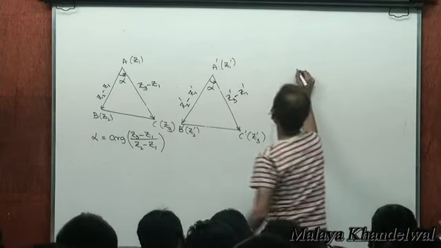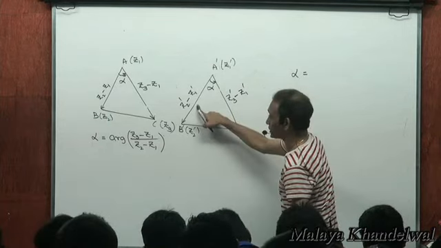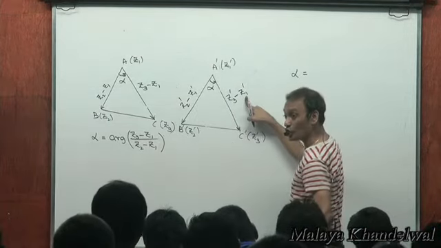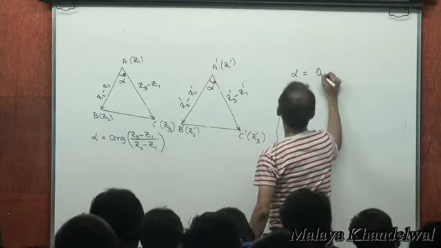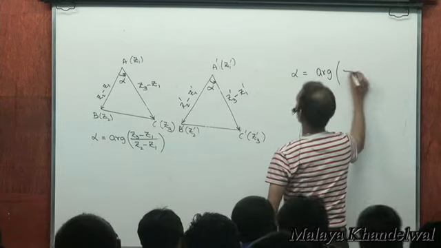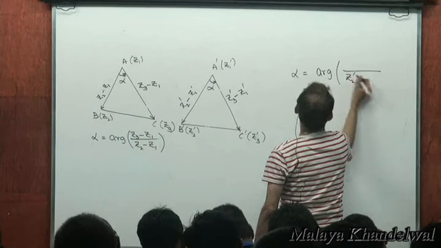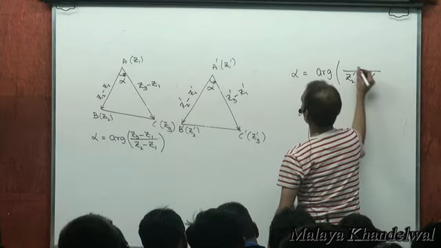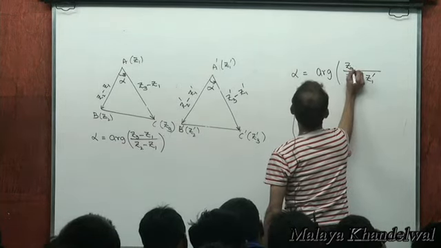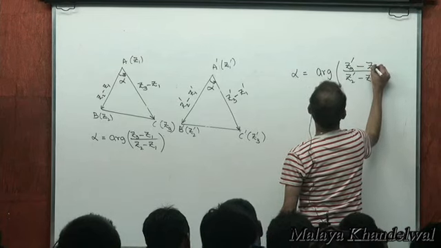Now to get alpha, the amount by which you must rotate the denominator vector so that it coincides with the numerator vector, that's going to be the argument of Z3 prime minus Z1 prime divided by Z2 prime minus Z1 prime.